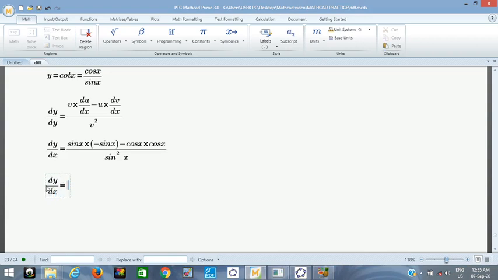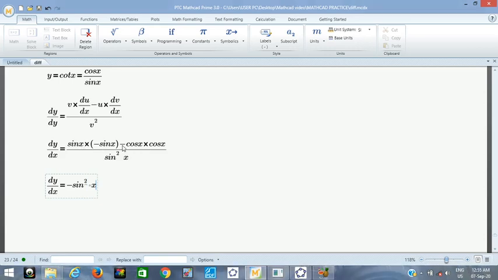So now that we have this, the next stage is dy/dx equals what now? So this is minus sine x times sine x, which gives us a negative result, minus sine squared x.